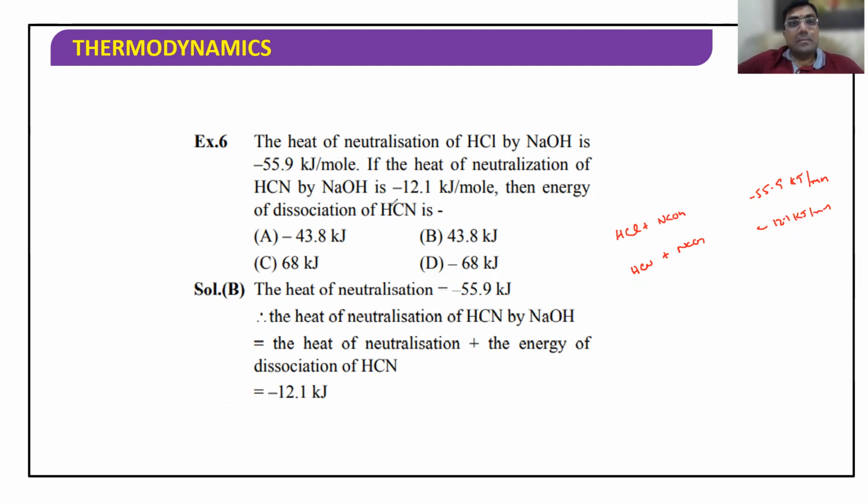One second, here something is given, a mistake is given. I think this is minus 43.8. The mistake is given here. So the heat of neutralization of HCN by NaOH is given as minus 12.1, which actually should be minus 43.8.